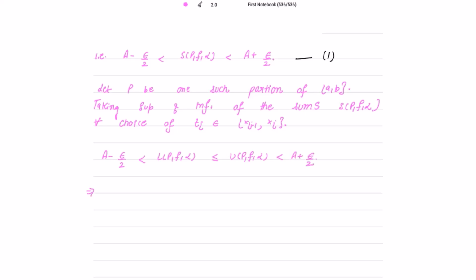This implies the difference of the middle ones is strictly less than the difference of the outer ones, which is equal to epsilon. So we get U(P, f, α) minus L(P, f, α) strictly less than epsilon, which means f is Riemann integrable, because this is a result. So f is Riemann integrable on the closed interval [a, b].